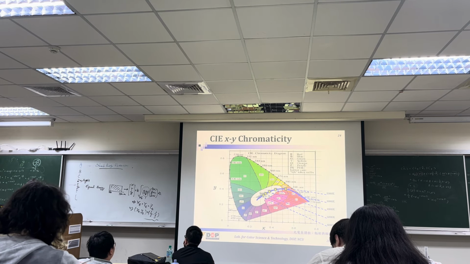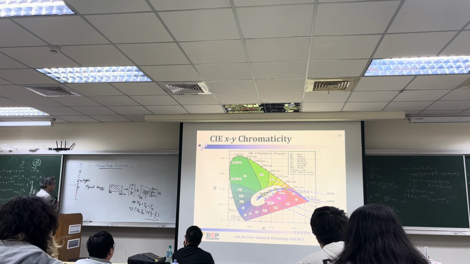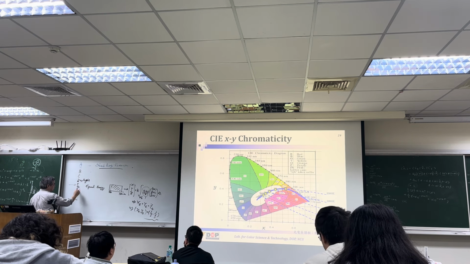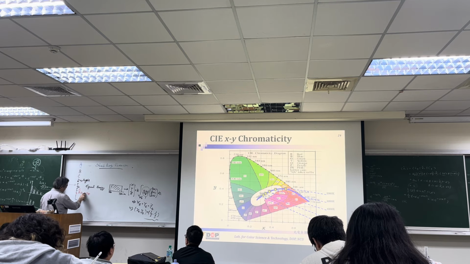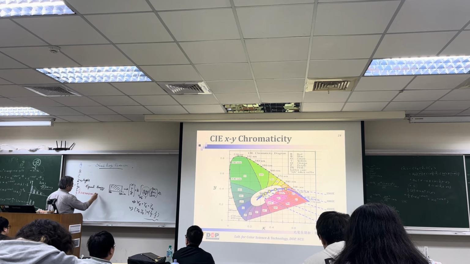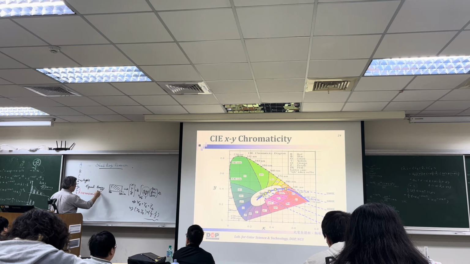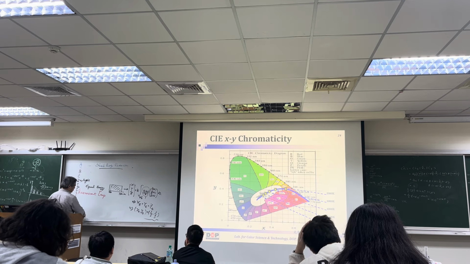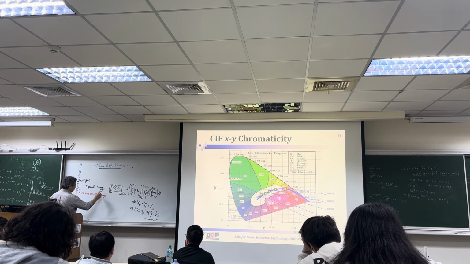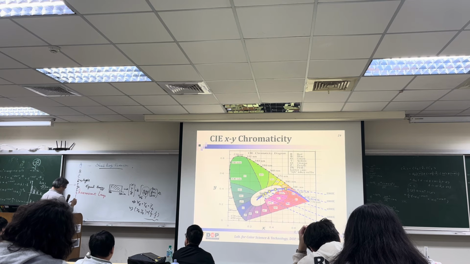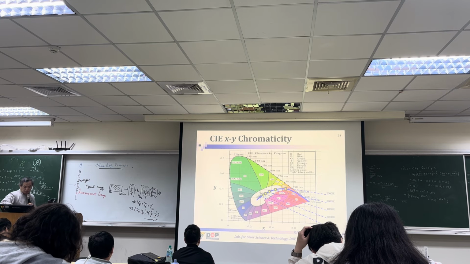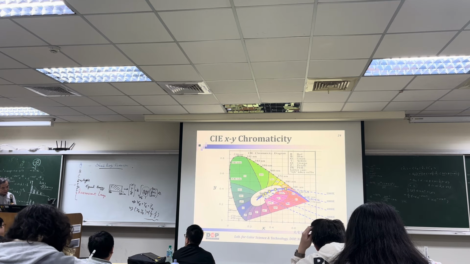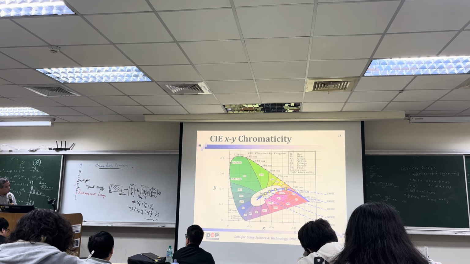And next, F. What is F? Fluorescence. Why does the fluorescent lamp become one kind of standard light source?